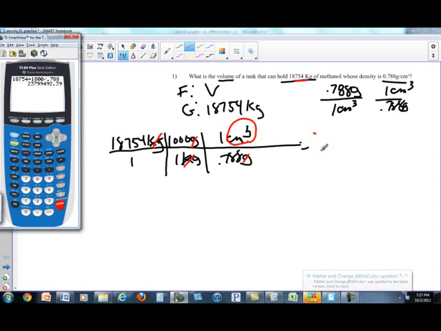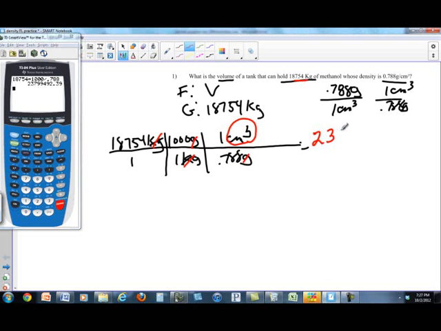So I'm going to make this 2.380 times 10 to the 1, 2, 3, 4, 5, 6, 7, times 10 to the 7th centimeters cubed. Okay, let's take a look at the next one.